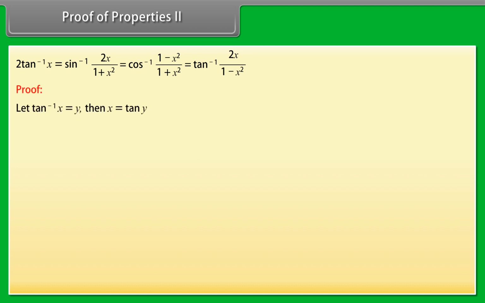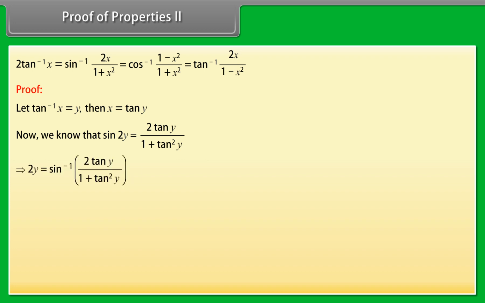Let tan inverse x be equal to y, then x is equal to tan y. Now, we know that sine 2y is equal to 2 tan y by (1 plus tan square y). It implies that 2y is equal to sine inverse of 2 tan y by (1 plus tan square y).